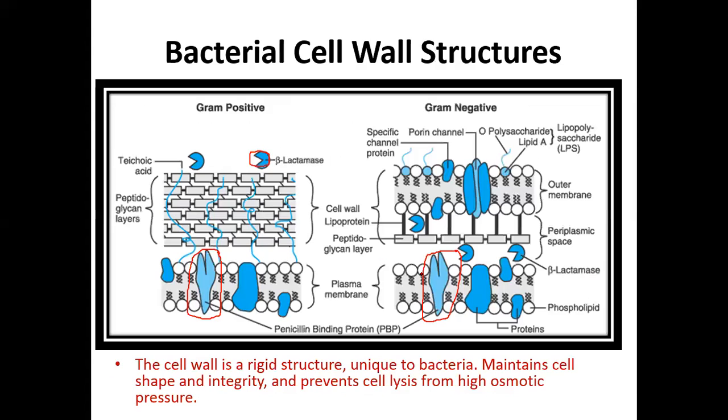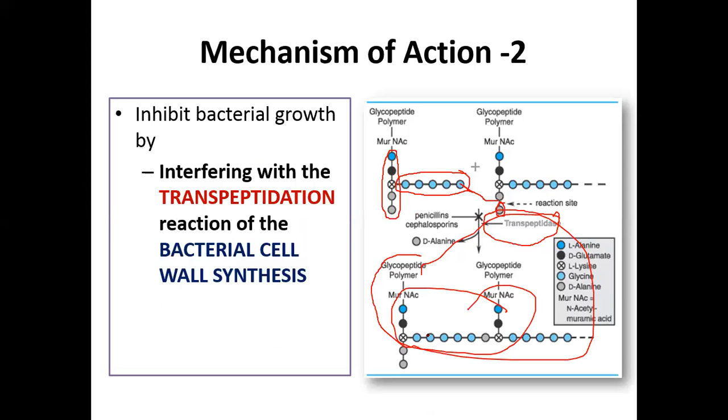So what you see here represents the glycopeptide polymer, and then the attachments are those pentapeptides, which are fostered by this penicillin binding protein, the transpeptidase. Any questions?